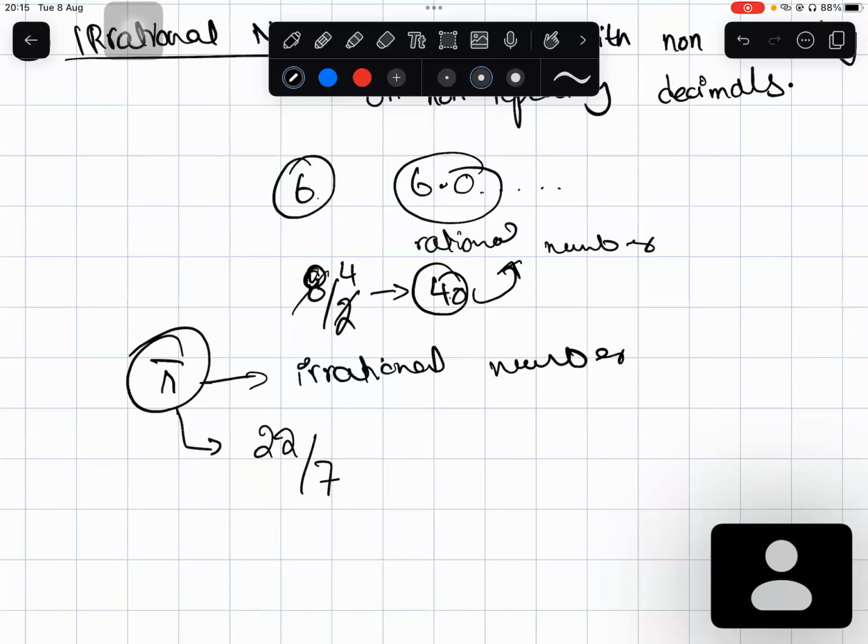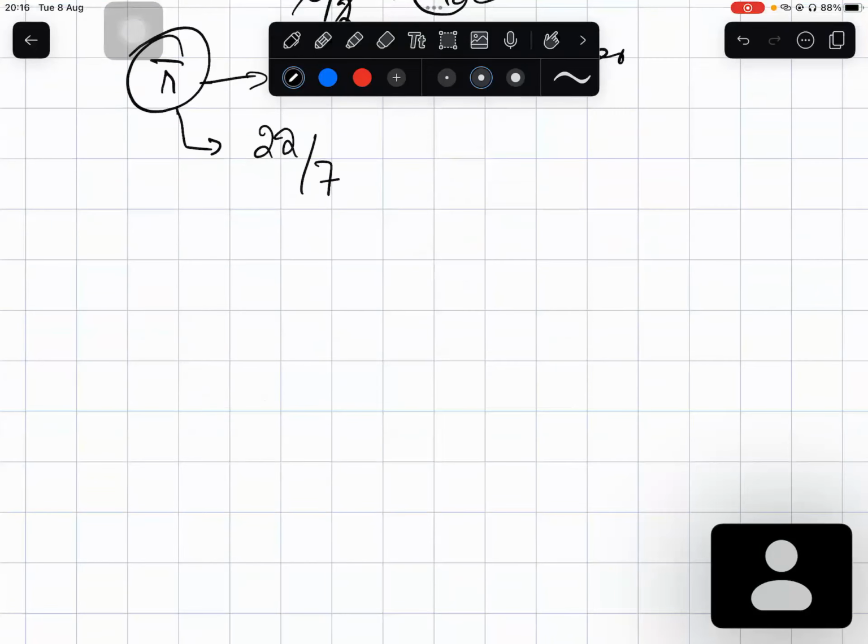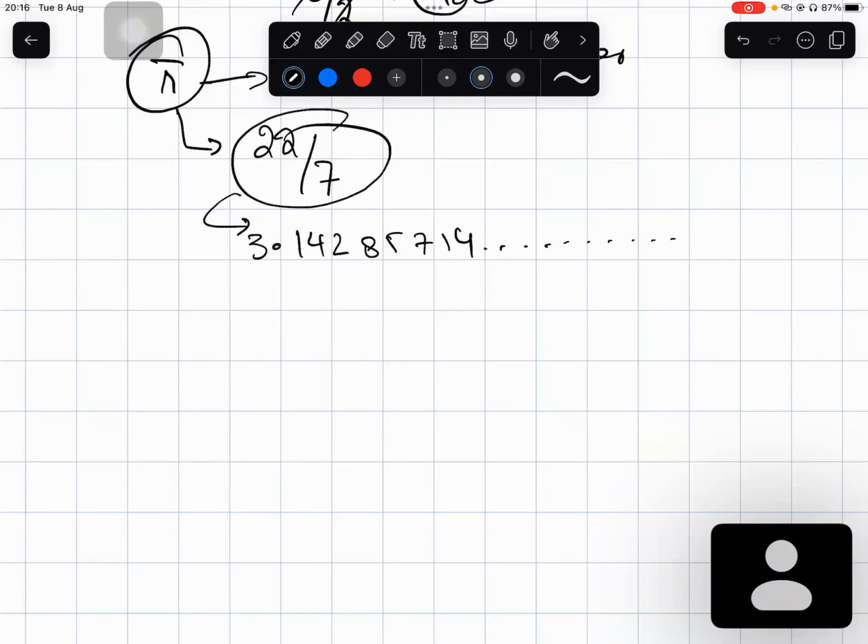If you were to calculate this value in your calculator, the number goes something like this: 3.142855714. And this just keeps on going. It never stops. The pattern never repeats after 1 4. It just keeps on going.